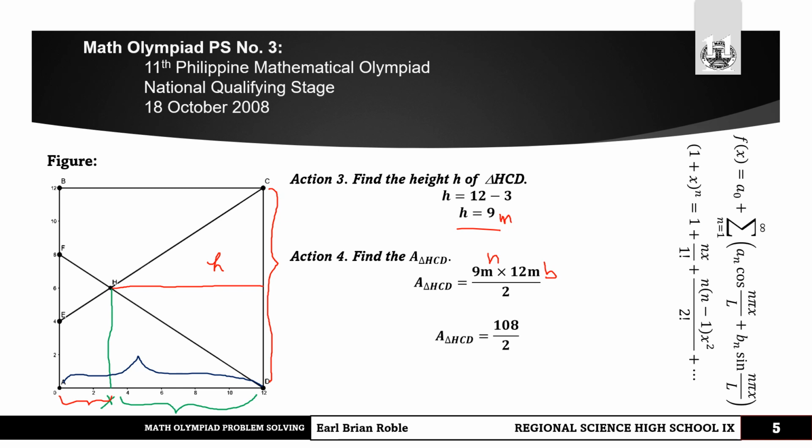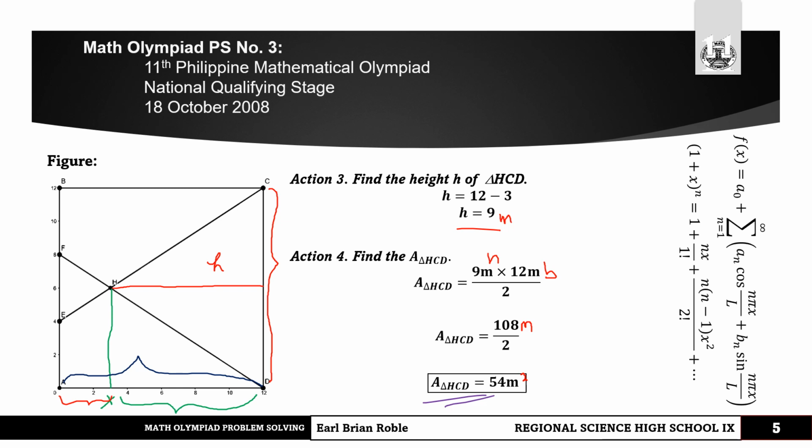Evaluating that, we will have 108 meters divided by 2. That gives us a total area of 54 meters squared because we're talking of area. So this is now our final answer, 54 meters squared.